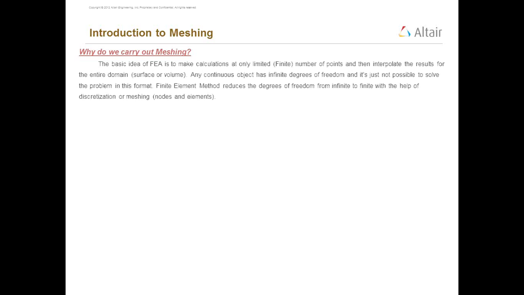The first question that arises, before going for CAE, is why do we carry out meshing? The basic idea of FEA is to make calculations at only a limited, finite number of points and then interpolate the results for the entire domain.